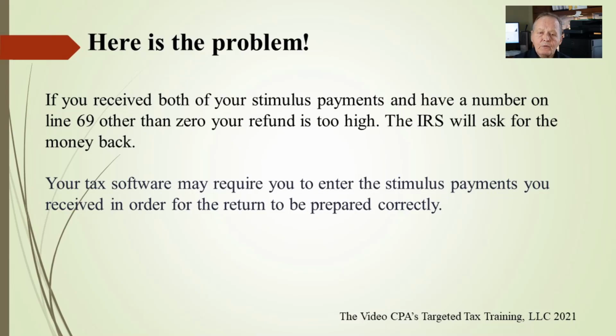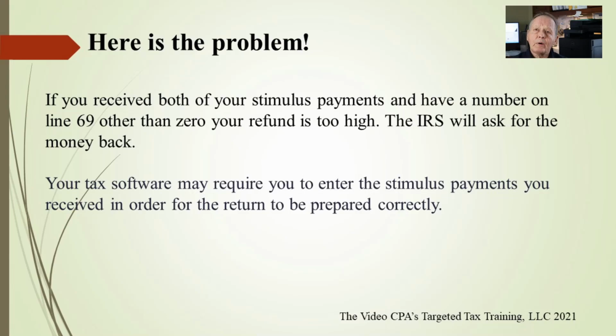So if you fail to record your stimulus payments in the tax return using UltraTax, and you got them, and it gives you that recovery rebate credit, well, then you've gotten too much in your refund, and the IRS is going to ask for it back. So that's the problem that I see.